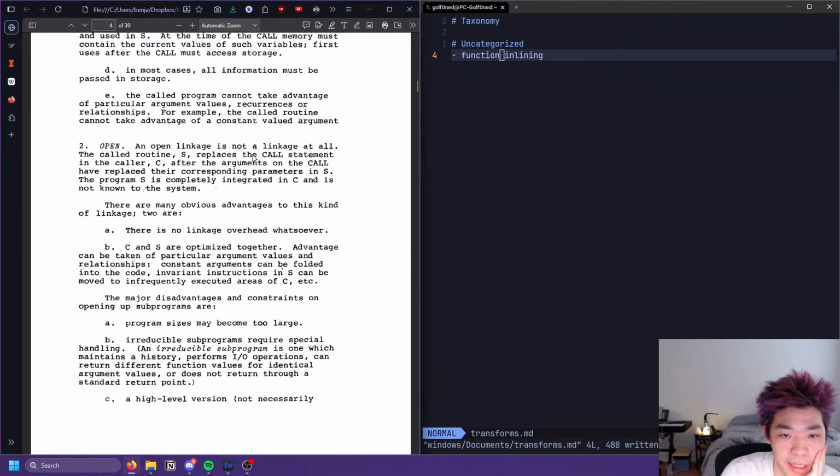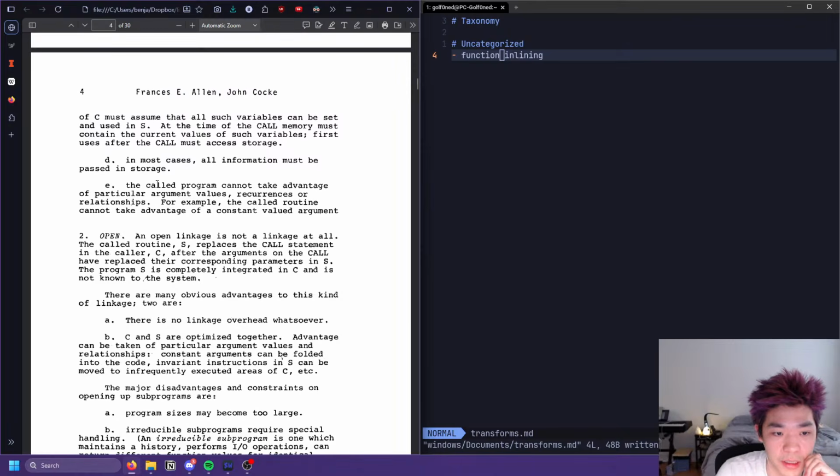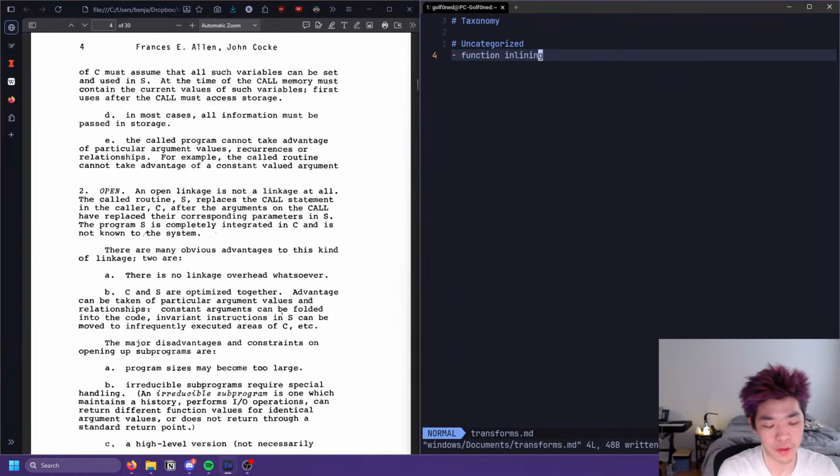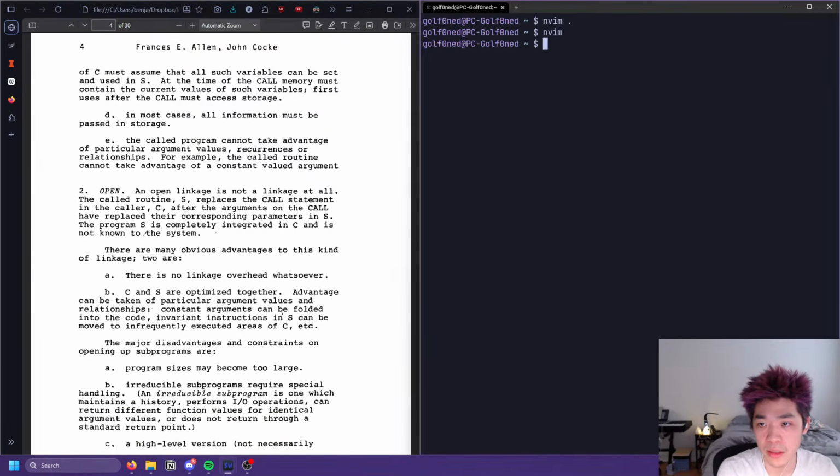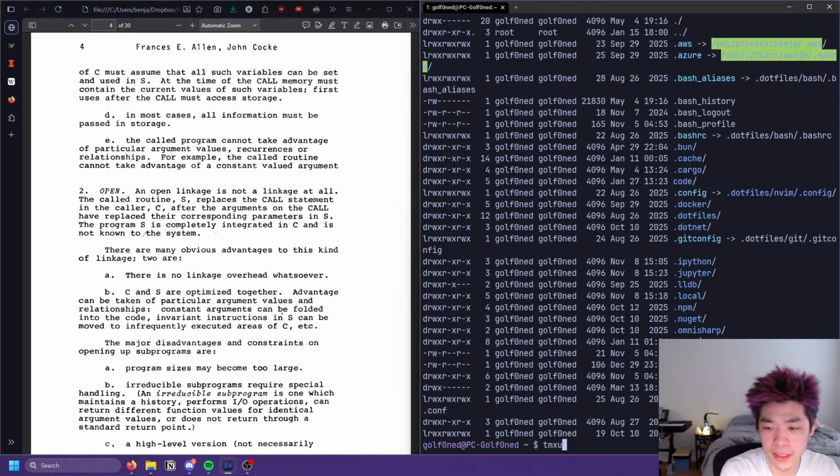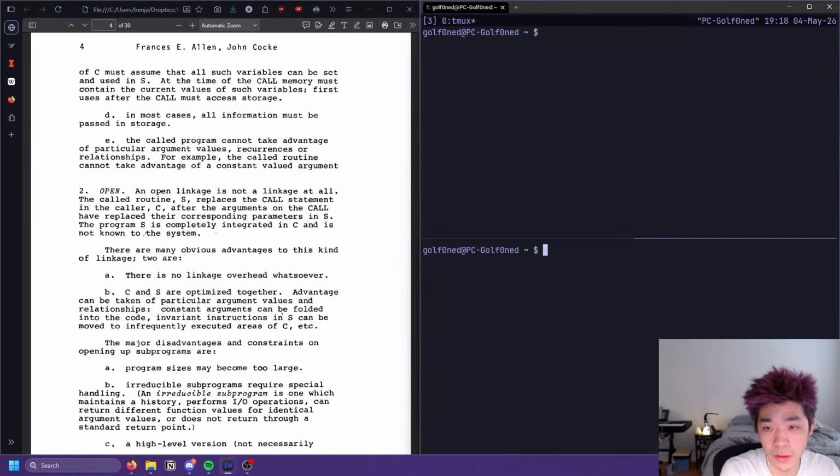Okay, so inlining. If you're not familiar with what's happening here, or if you want a visual example, actually let's make a tmux window. So let's put, what did I call this again?